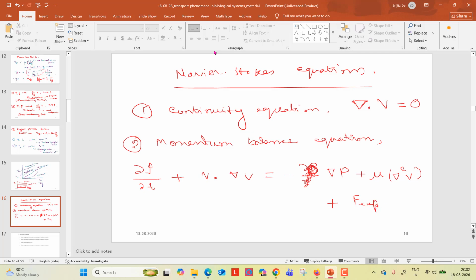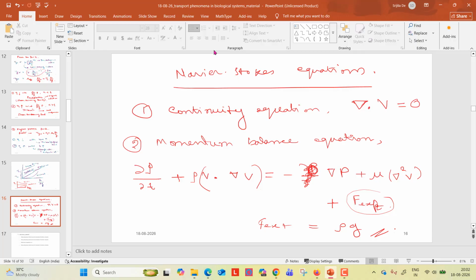Del P del x is for the x direction, so it is better to write grad P, which is more common. If your external force is something like gravity, you can write it as rho g. So this is your final Navier-Stokes equation.